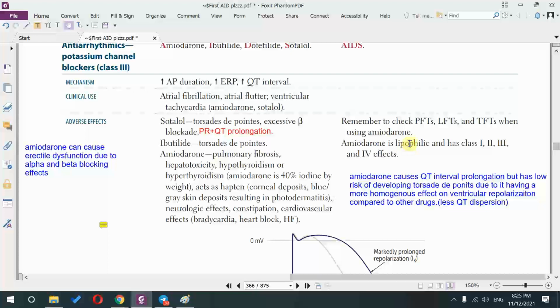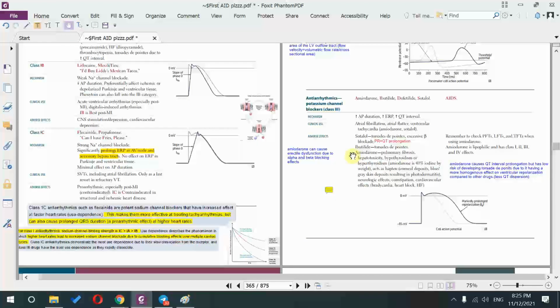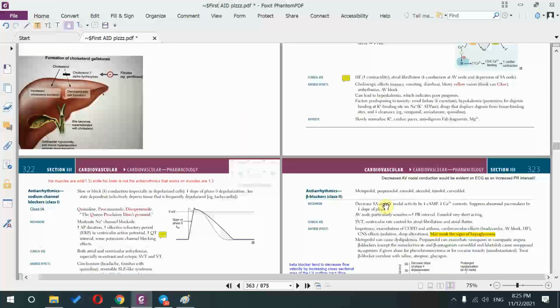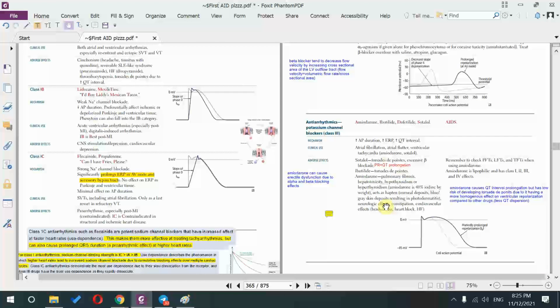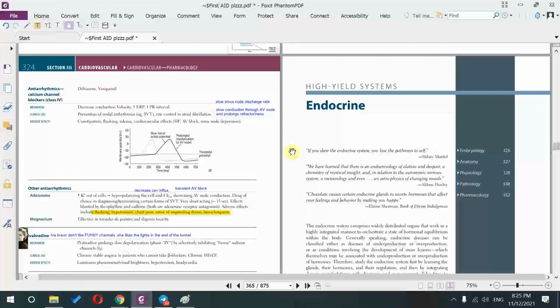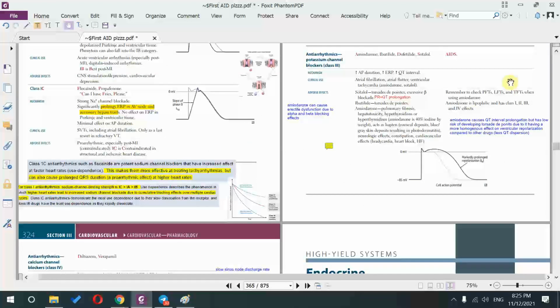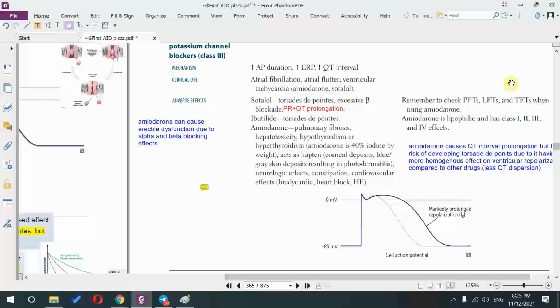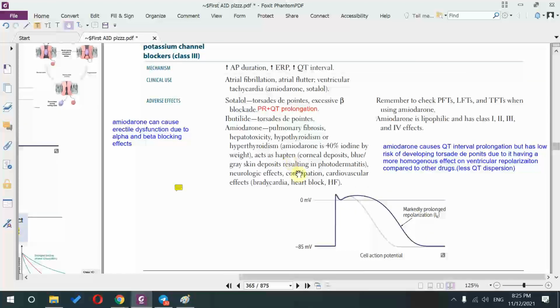Amiodarone is lipophilic and has class 1, 2, 3, and 4 effects. What does that mean? Well, we spoke about class 1 antiarrhythmics, class 2, class 3, and we'll speak about class 4. Amiodarone can work in all phases. It means it can treat any form of arrhythmias. That's what it means. So, now let me ask you this. With all of these side effects, do we use this drug?